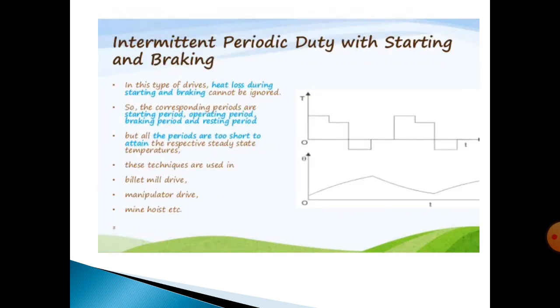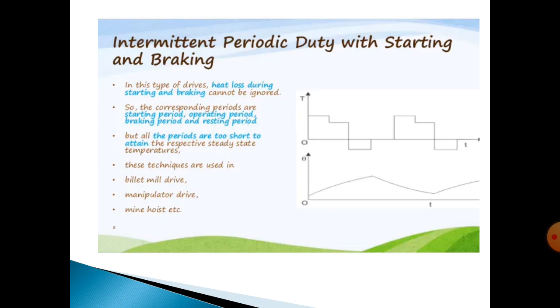The next one is intermittent periodic duty with starting and braking. In this type of duty, heat losses during starting and braking cannot be neglected. Previously we discussed only heat losses during starting; in this type, both starting and braking cannot be negligible.